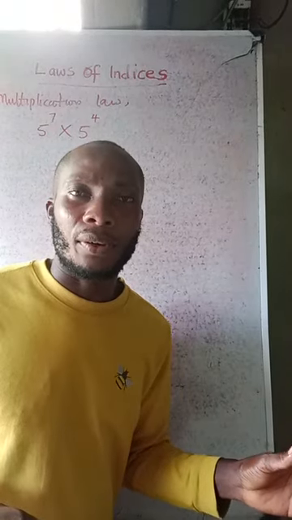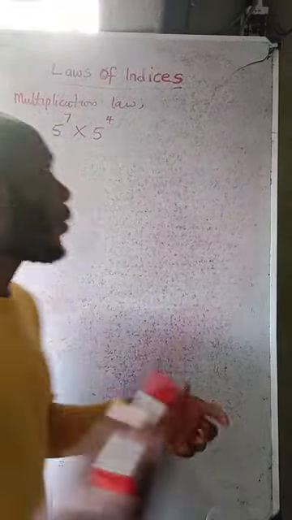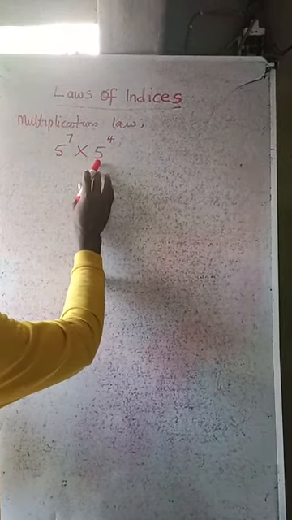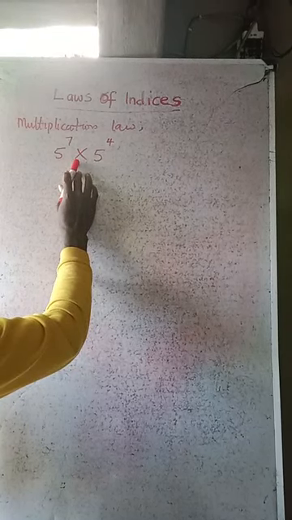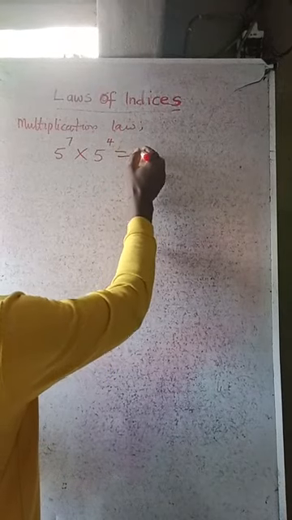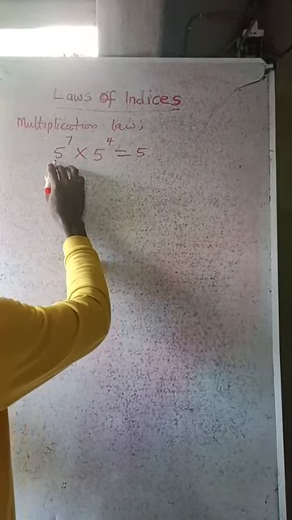That is the meaning of the law. Whenever you see the bases the same and they are multiplying, you write down one of the bases, which is 5.